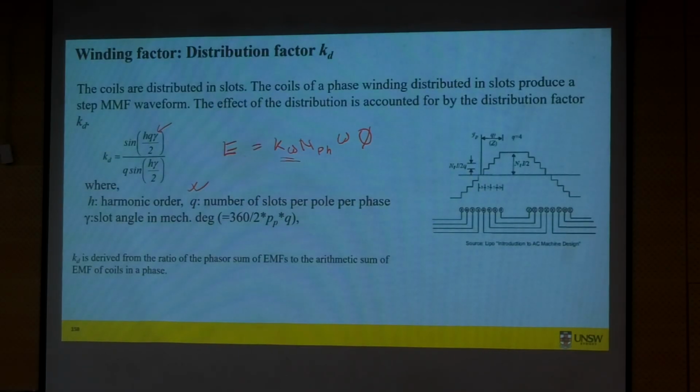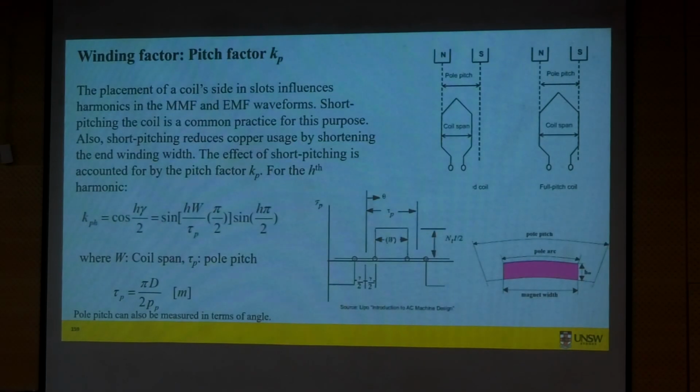If the pitch factor is present, it also depends on your slot angle, basically gamma, and also the pole pitch. This pitch factor is equal to 1 if you have full pitch. But if you have short pitching, then it is not 1. You will have a value which you can calculate using an empirical formula like this.